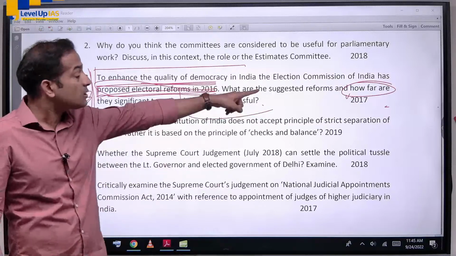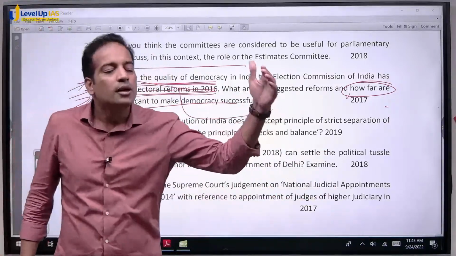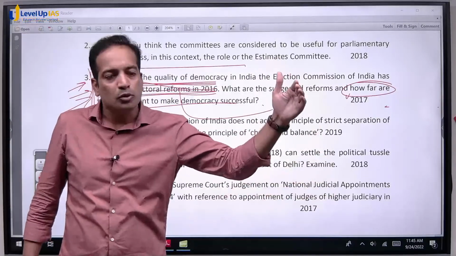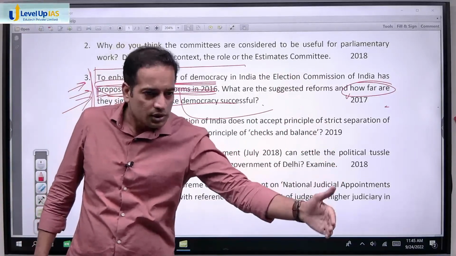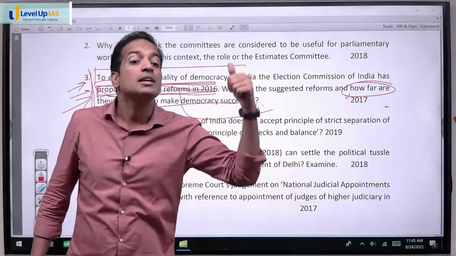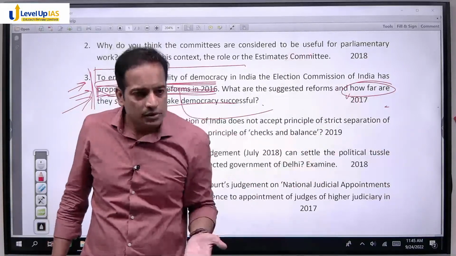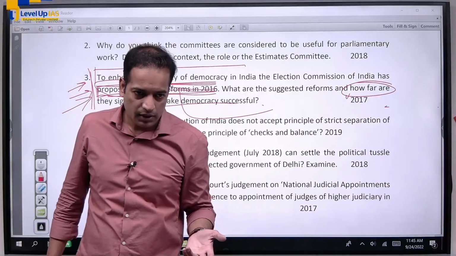So that is why it is saying how far, up to what extent. So yes, it will be able to tackle the challenges, but up to this extent only, not beyond that, because beyond that there are even more problems. So further reforms will be needed. Okay?